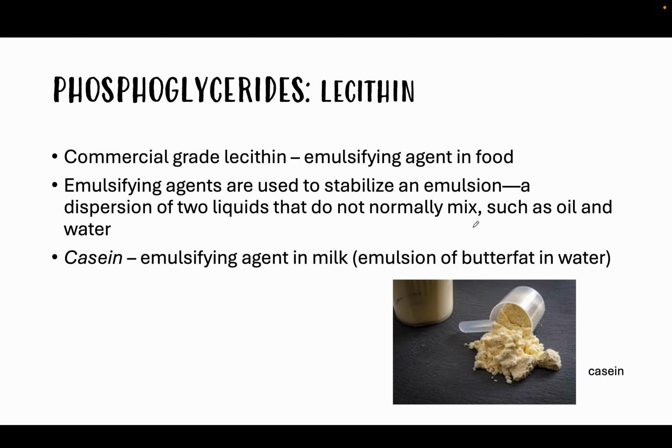So, where do we find lecithin in food? It is said to be an emulsifying agent, meaning whenever you have two substances that do not mix well, such as oil and water, this emulsifying agent will be able to stabilize that mixture. Emulsion is the dispersion of two liquids that do not normally mix.